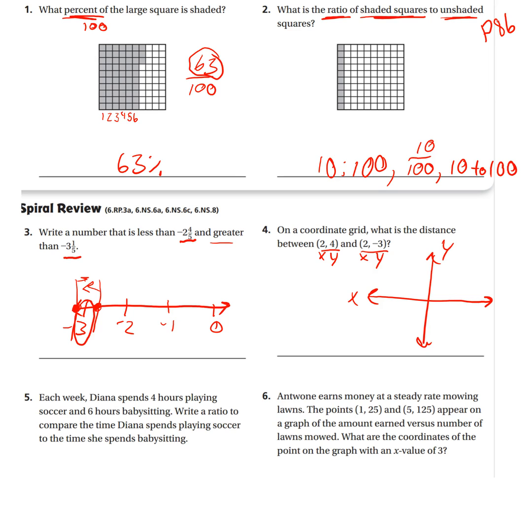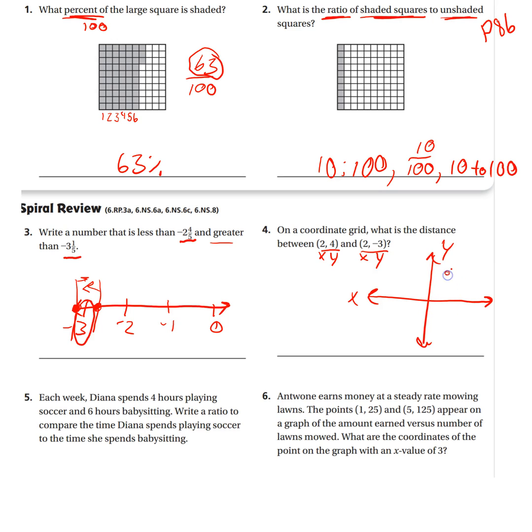Okay? Now, if you need additional help with this, don't hesitate. I want you to raise your hand and ask on this one. But because I don't have a coordinate plane, I'm not going to show you the answer. I'm just going to set that one up for you. So graph those points. So you're going to go over 2 and up 4.